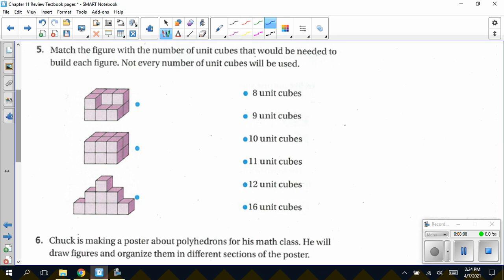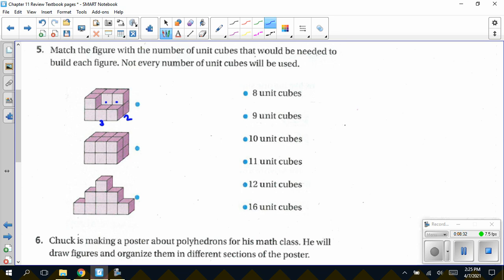So for this first one, I'm going to just look at the bottom layer first. So I have 3 cubes on the front, and it's 2 cubes back. So on the bottom layer, 3 times 2 is 6. Then I can't do the same thing for the top layer because notice we're missing 2 cubes right on the top layer.